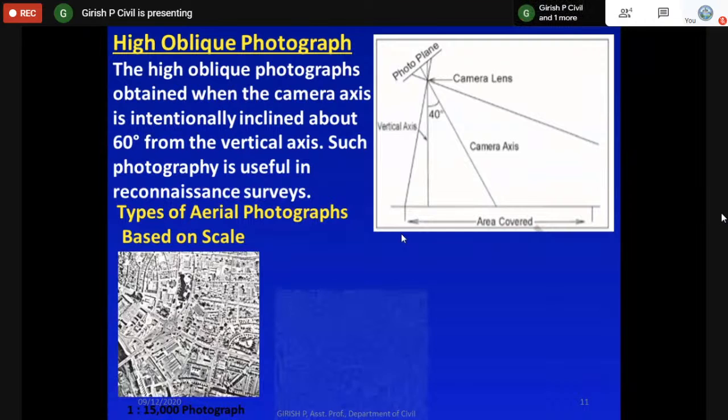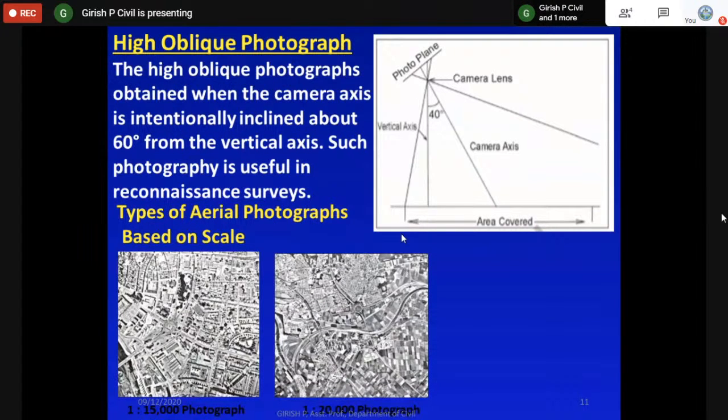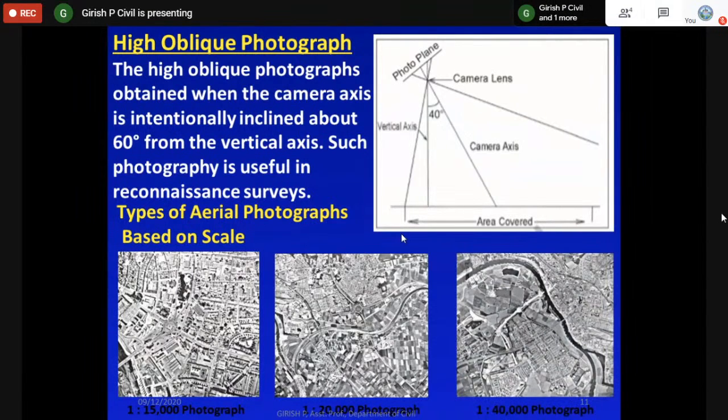The images clearly show various scales of photographs: the first one is 1 is to 15,000, the second one 1 is to 20,000, then 1 is to 40,000. In all these, there are slight variations in the resolution of the images. That all depends upon the scale.